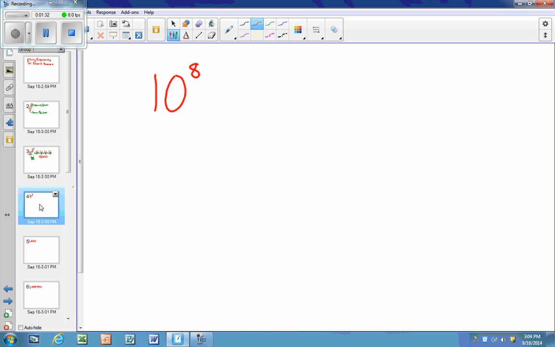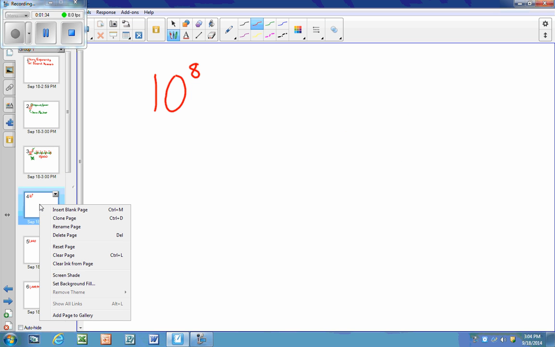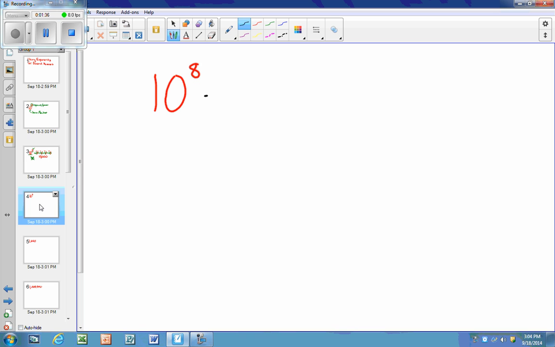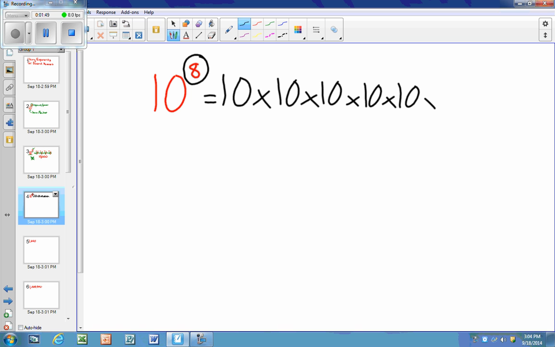Here's another one. We have 10 to the 8th power. So the first thing I do is I know that I'm using a base of 10. So since I'm using a base of 10, I know I have to do it 8 times because it's 8th power. So I do 10 times 10 times 10 times 10 times 10 times 10 times 10 times 10.